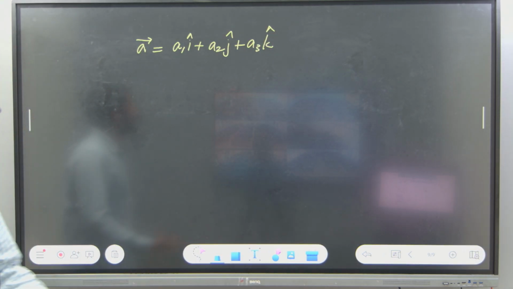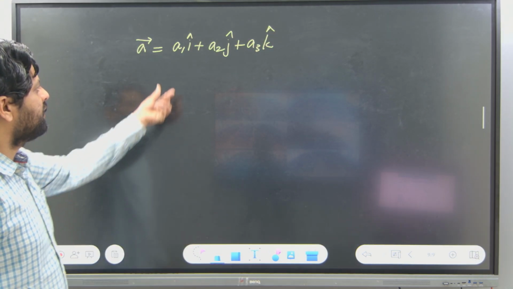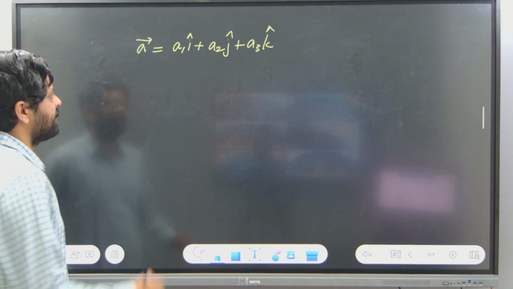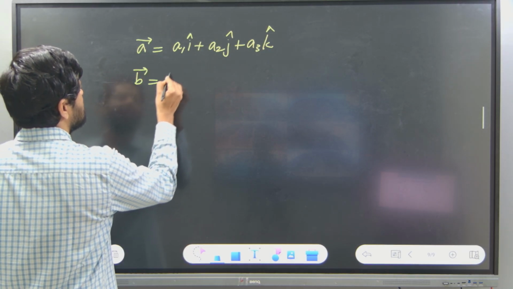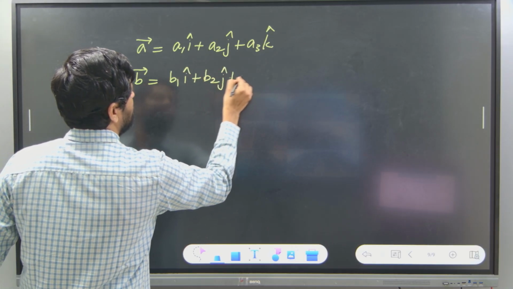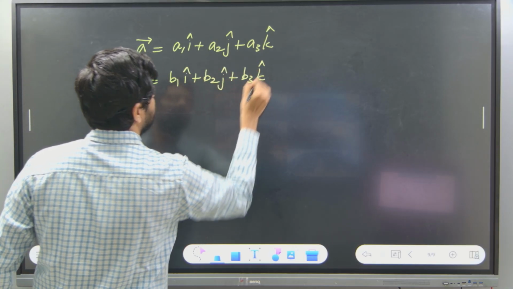What do you mean by component form? It is given along the x component, y component and the z direction. And say vector B is B1 I cap plus B2 J cap plus B3 K cap.